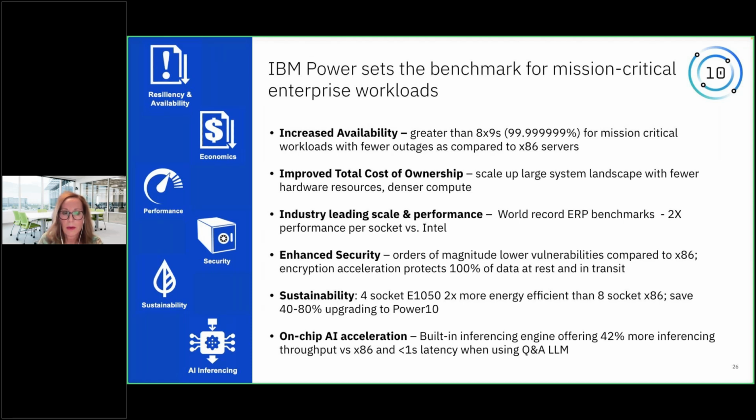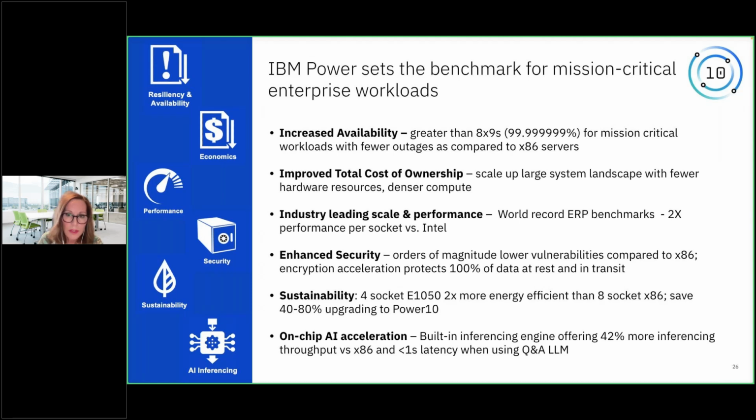And I'll talk about our AI on-chip acceleration in a moment. But we're able to reduce the total cost of ownership for our customers, which ultimately hits the bottom line.